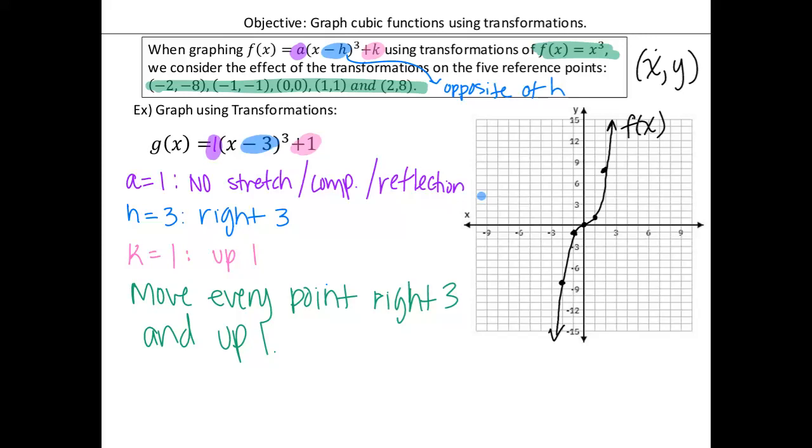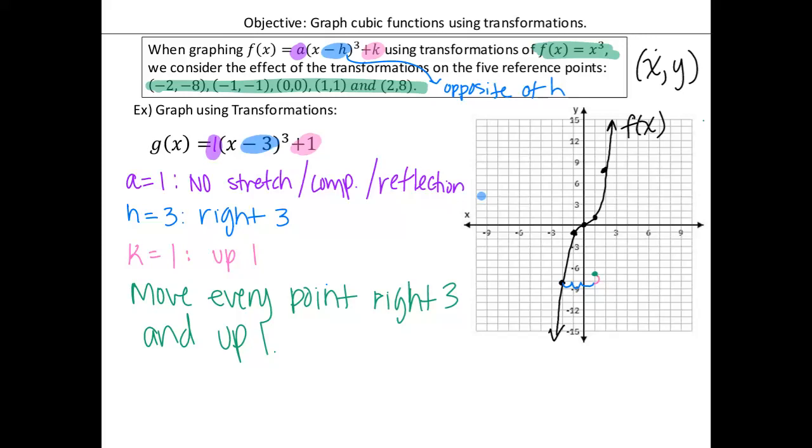up 1, okay? So for example, down here at the (-2, -8), I'm going to move it to the right 3 times, so 1, 2, 3, and then I'm going to move it up 1 time. So my coordinate point is going to end up right here at (1, -7), okay?